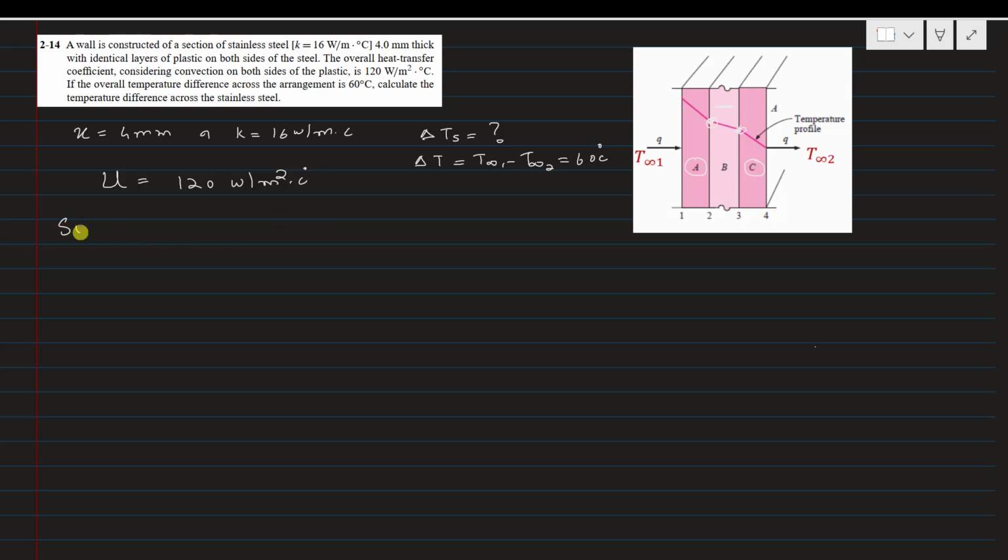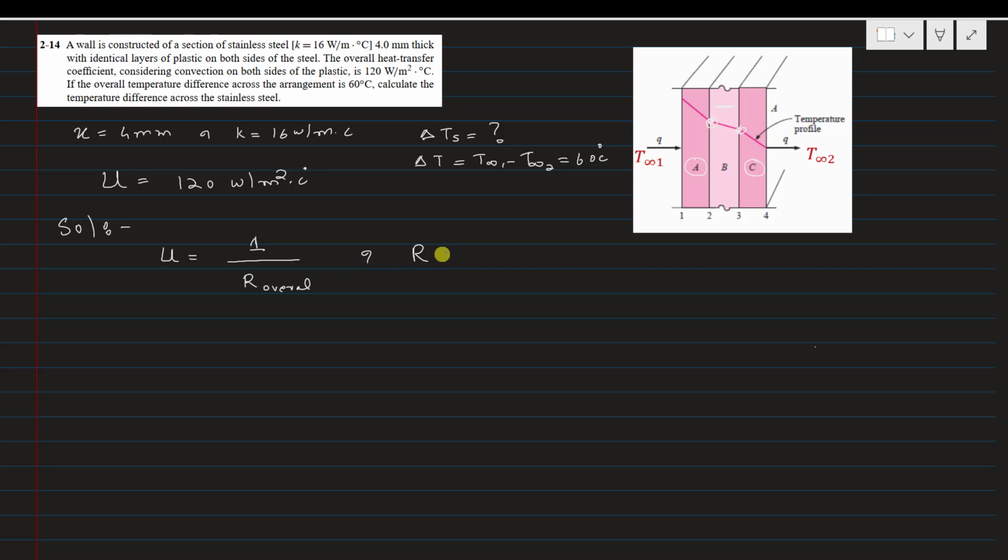Now come to the solution. You know that the overall heat transfer coefficient is equal to 1 divided by the total resistance; I will call it the overall resistance. Our resistance is offered by the plastic, then the steel section, and then the plastic.